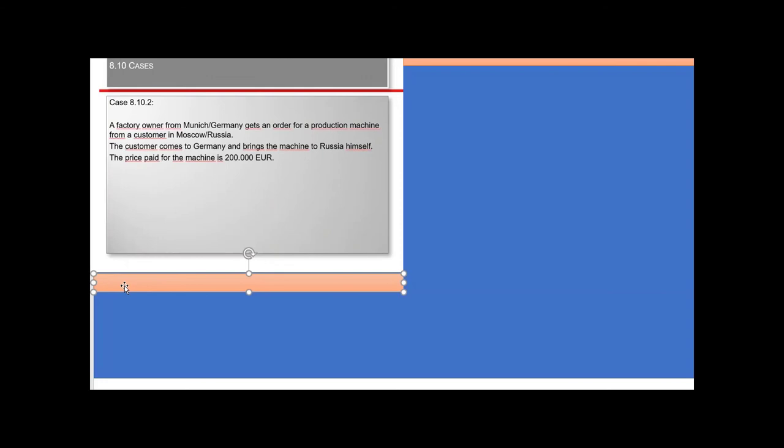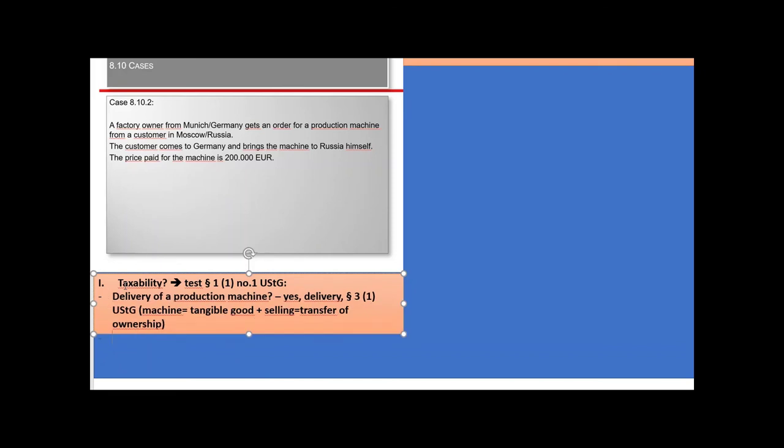Okay, so let's try. First, again, taxability comes into play, and we have to test number 1, because naturally this is neither an importation nor an intercommunity acquisition. This is just a simple sale. So delivery of a production machine.